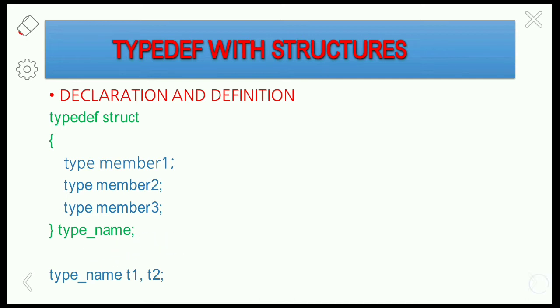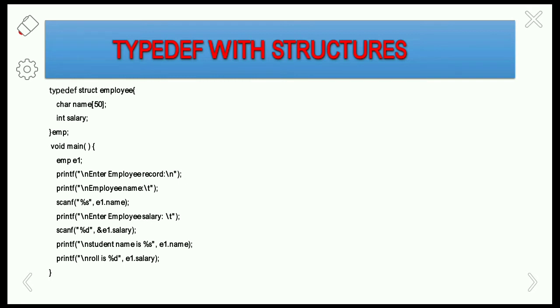So now let us see clearly with an example. Typedef struct employee, we are declaring the name here as an array with 50 bytes length, and in salary we are taking the salary of the particular employee as an integer.